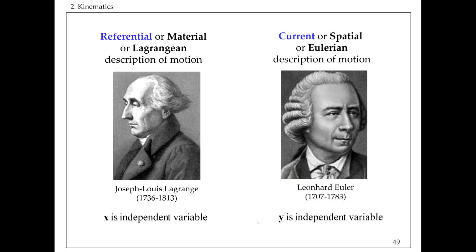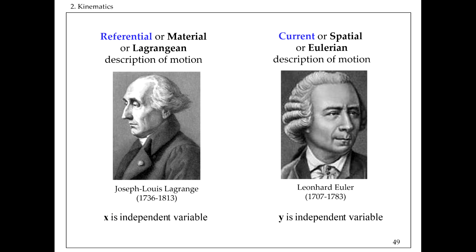You will find that using the initial, referential or material description makes more sense in solid mechanics. Thinking about materials, you know where you start from. You have your body, and the initial boundary can be described.